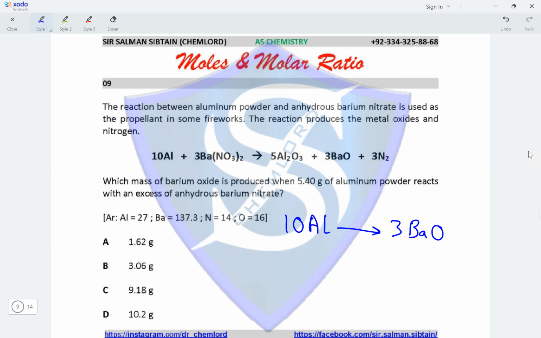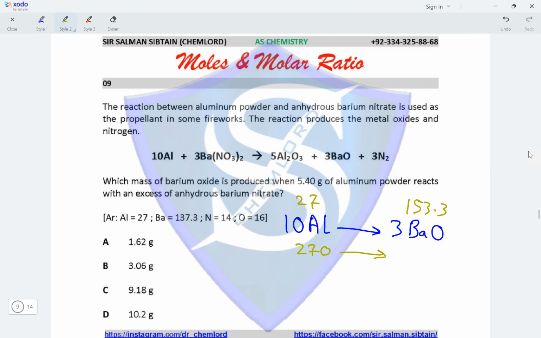So, for aluminum, the AR is 27, and for barium oxide, the MR would be AR of barium plus AR of oxygen, giving us a value of 153.3. So the total mass of aluminum used would be 10 into 27, which would be 270 grams.